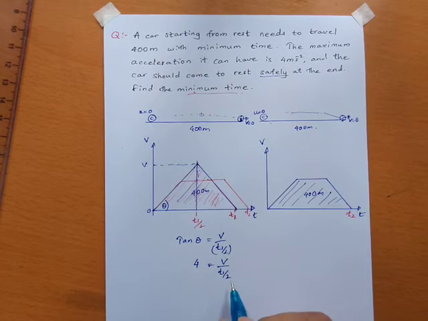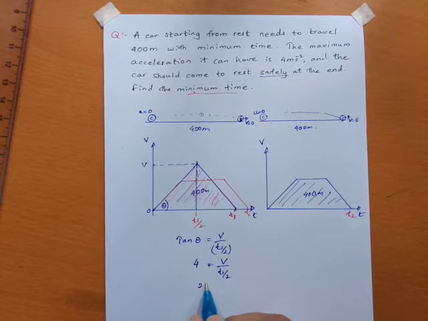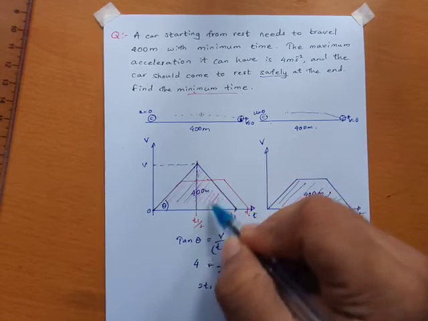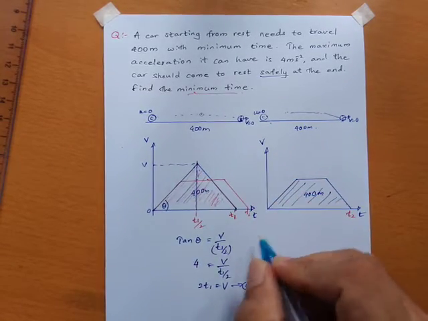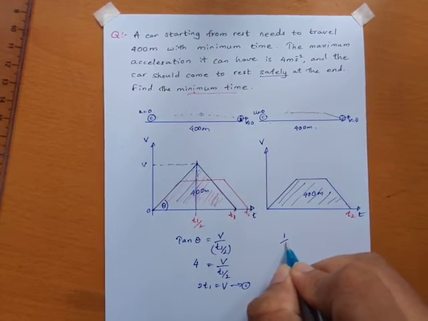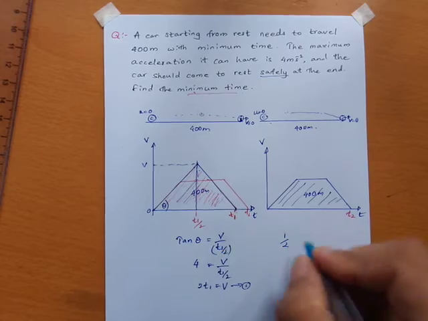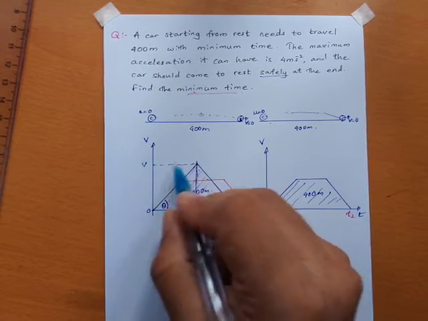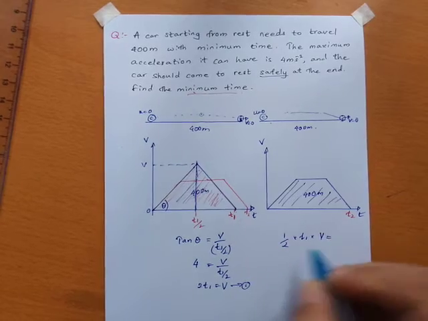From this we get the equation 2t1 equals v. This is my equation 1, and then I can calculate this area. The area of this is half into t1 into height v, and this area equals 400 meters.